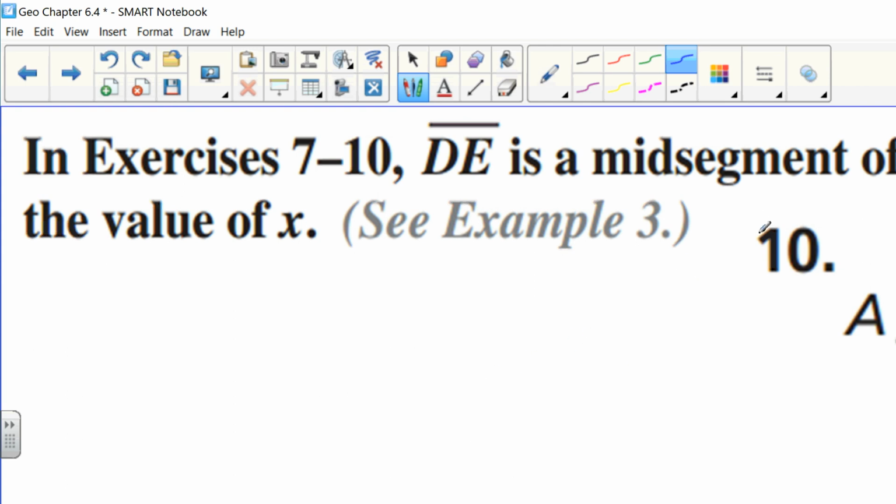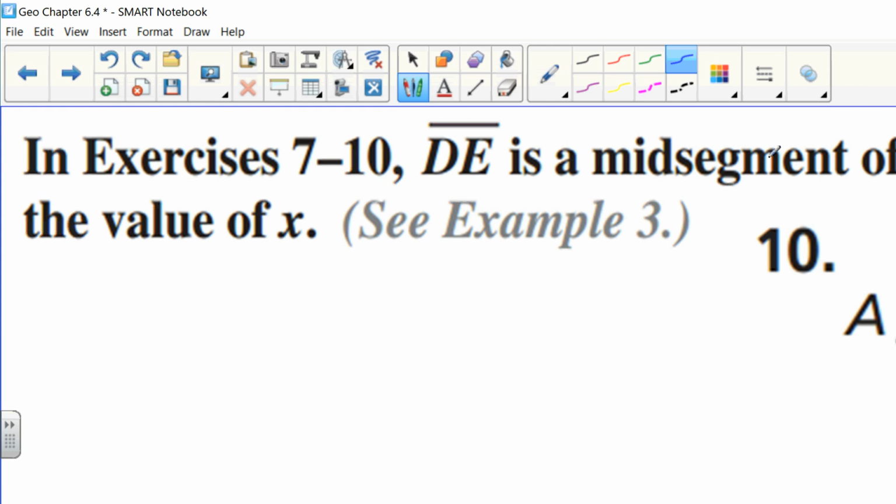Because again, these two are going to be congruent because it's still a midpoint. And then A, B, C would be your third side, and this would be the midsegment. No, that's a segment. Yes.